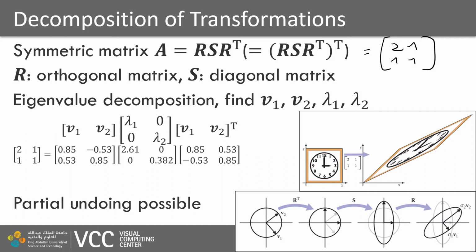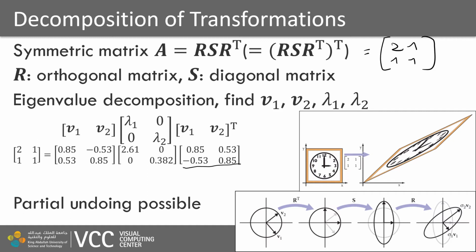So we can see that first we are rotating the points in this space by this matrix, and the cosine of this matrix will be positive, the sine will be negative, so we are rotating in the minus direction, and the cosine will be 0.85.